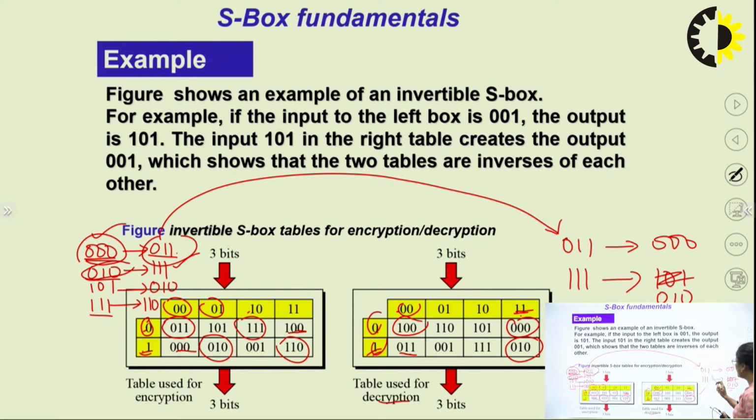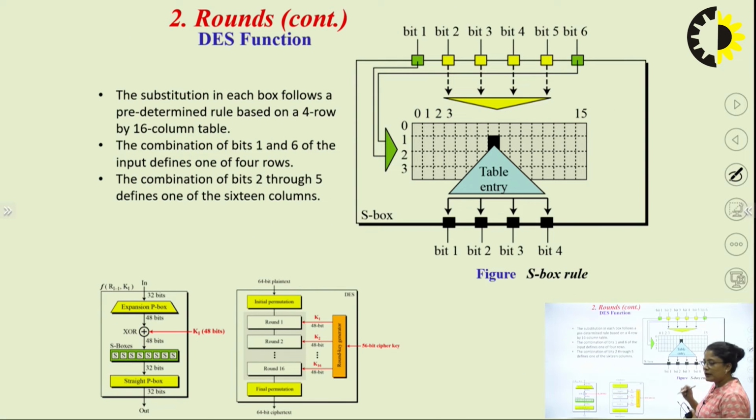In the decryption part, we are just doing the reverse. 011 will be replaced by 000. So you are going back to our original pattern. How are we doing that? By using the substitution table or the substitution box. And in the substitution box, we just follow some predefined rule and we substitute a bit pattern by a new bit pattern. That particular logic is used in the S-boxes. What I explained, the same logic is used in the S-boxes.